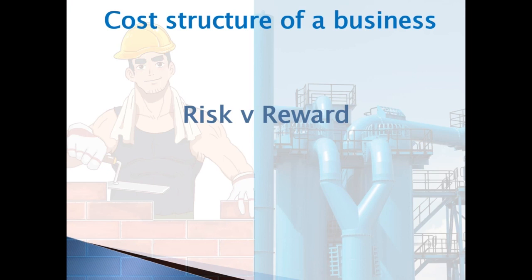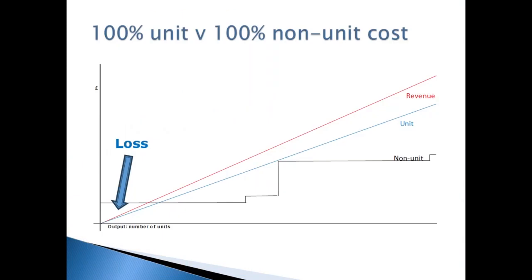The relative proportion of unit level and non-unit costs in an organisation is called the cost structure of a business. And this provides a trade-off between risk and reward. So here's a graph, and there are two examples here, the extreme examples. So one, the black line, assumes that all the costs are non-unit level, so they go up in steps, as we saw before.